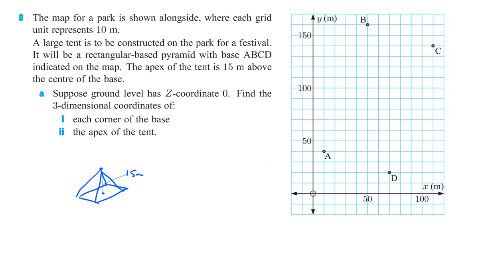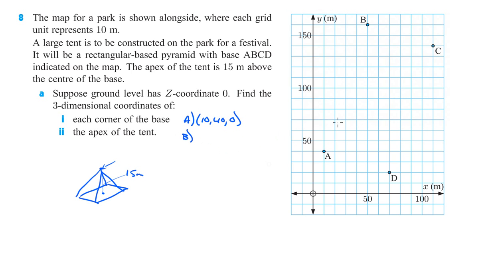So each corner, so the x is, oh, this is now saying x and this is y. Okay, so we know that A is going to be, the x is 10, the y is 40, so it's going to be 10, 40, and then 0 for the z, if it's 3 dimensions, it's on the ground. The z is what's coming up out of the ground, so the apex is the only one that's going to have a z other than 0, right?